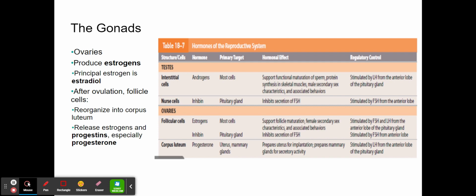At ovulation, follicles in the ovary release an immature gamete, or oocyte. The remaining follicle cells then reorganize into a corpus luteum that releases a mixture of estrogens and progesterone. During pregnancy, the placenta and uterus produce additional hormones that interact with those produced by the ovaries and the pituitary gland to promote normal fetal development and delivery.